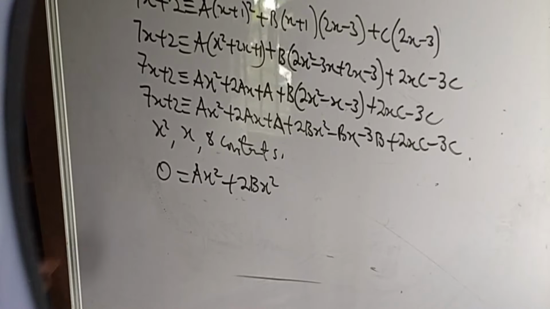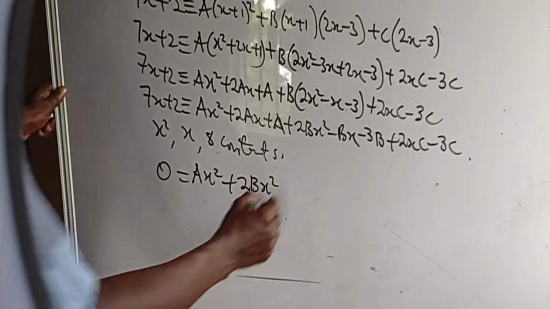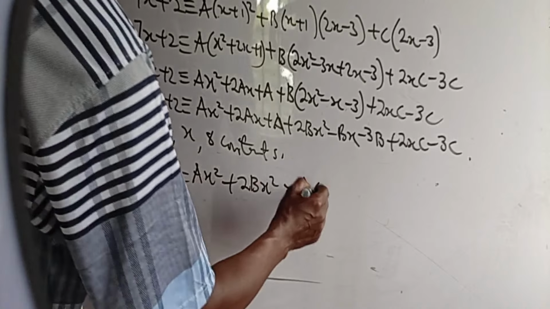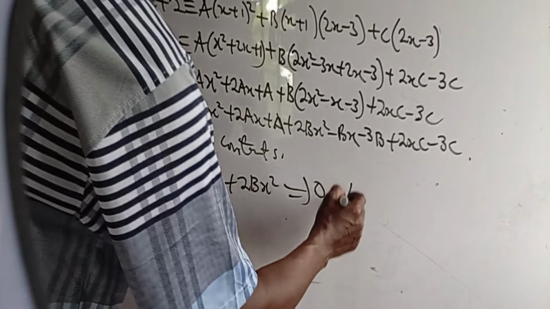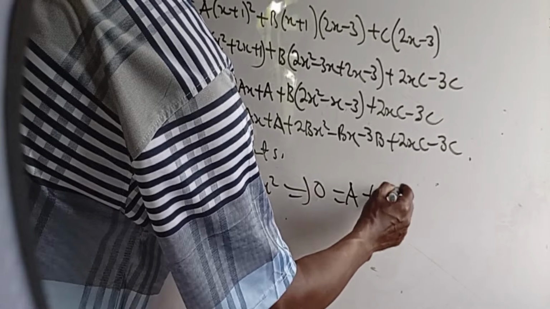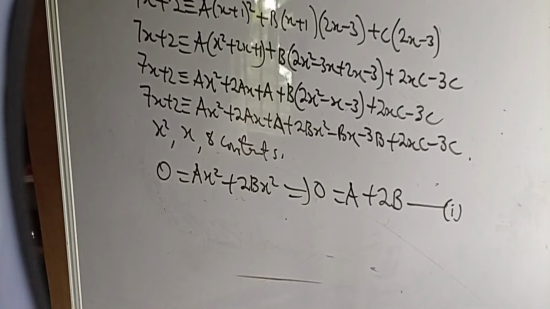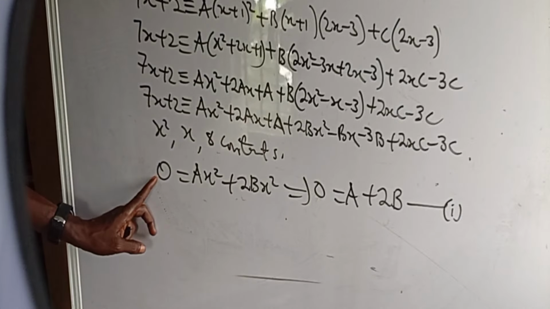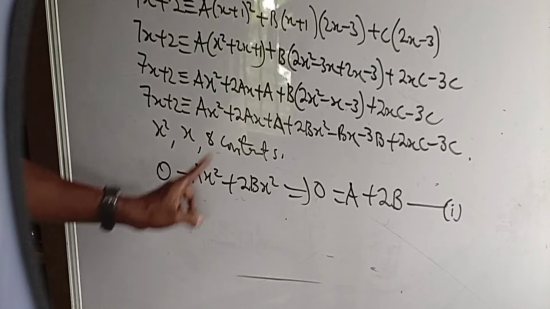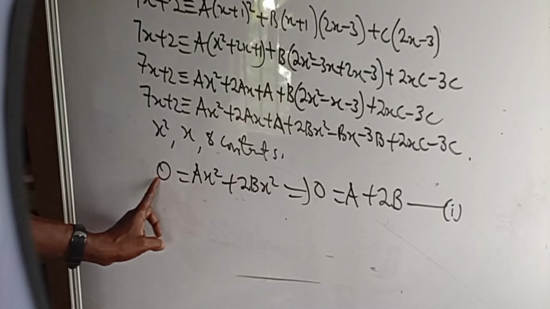So dividing through by x squared, it will still be 0 equals a plus 2b. Let's call that equation 1. Because this one does not have a square, if you divide everything by x squared, this will be a, this will be 2b, this is 0.